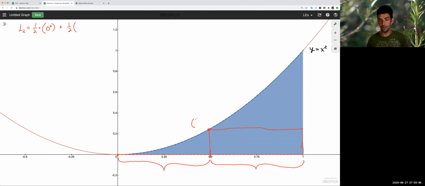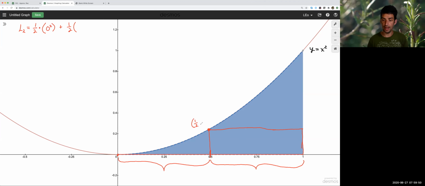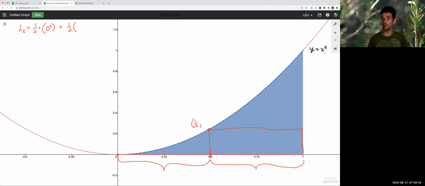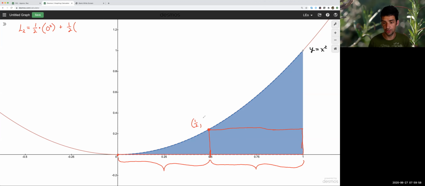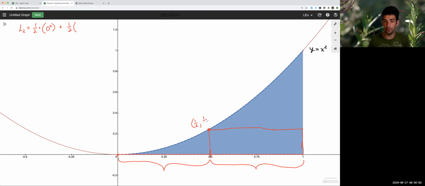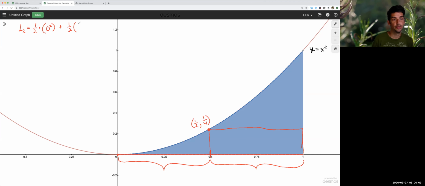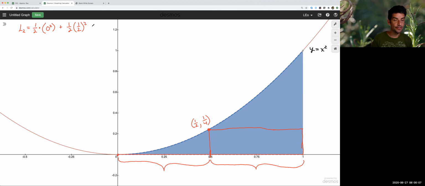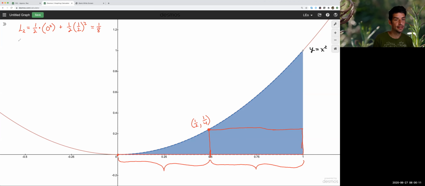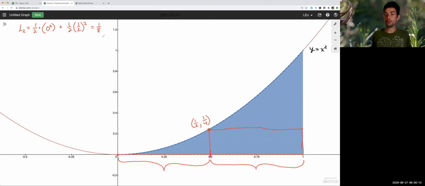It has x coordinate 1/2. Because it's on the curve y equals x squared, this y coordinate, which is the height of this function, is going to be 1/2 squared, or 1/4. Let's write it like this. Okay, and so you can work this out and we get 1/8. And that's our first approximation.